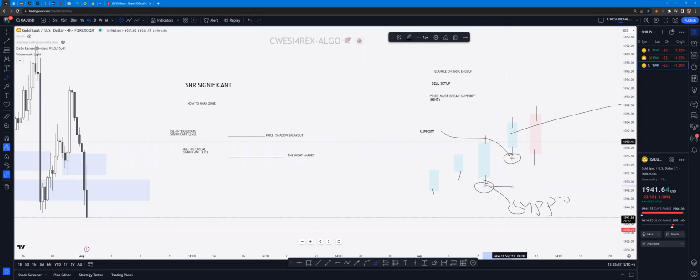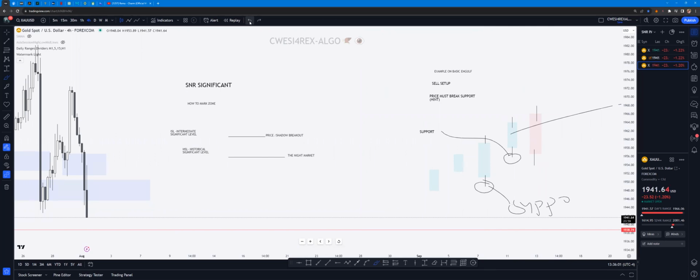But if the wick of this eating candle fails to break this, then we are going to use this eating candle as the support. We are going to use the bearish candle instead of the bullish candle.